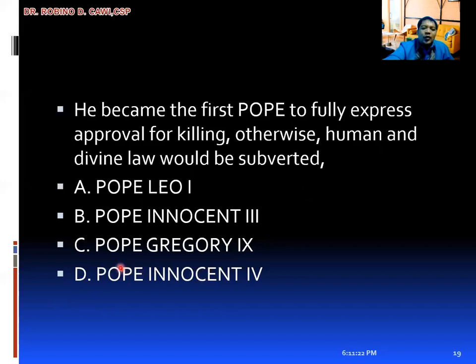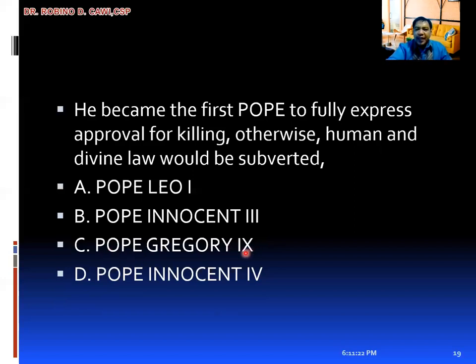Okay, and then we also have Pope Gregory IX. So what was the contribution of Pope Gregory IX? Okay, so ito namang si Pope Gregory IX, his very contribution is him allowing the use of burning at the stake as a means of imposing death penalty.